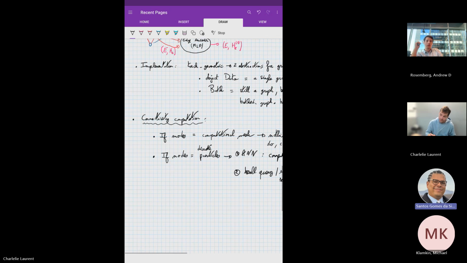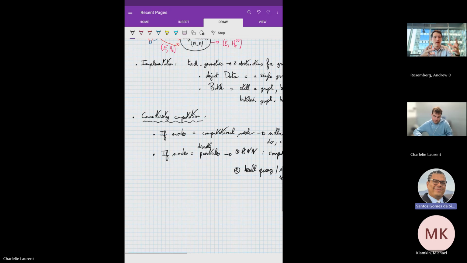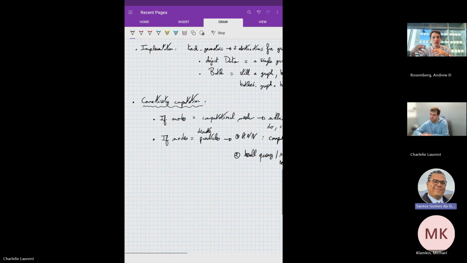Can I ask a question? In practice, I would imagine if you're representing this physical mesh, it might be worth varying that throughout your mesh, so certain parts have more connectivity than others. Is that explored somehow?